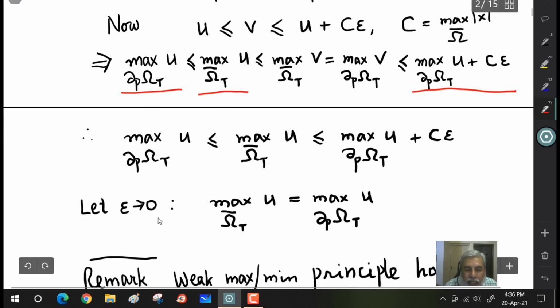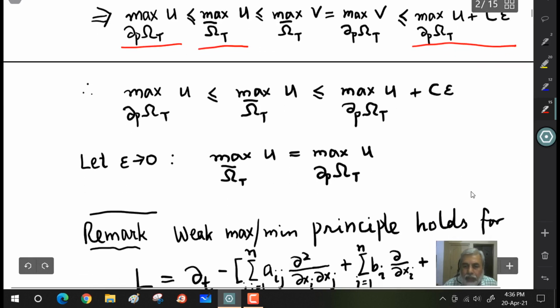Now letting epsilon go to 0 gives the result, namely the maximum of u over the closure of the whole domain is the same as the maximum over the parabolic boundary. That completes the proof, and that's what we wanted to prove.